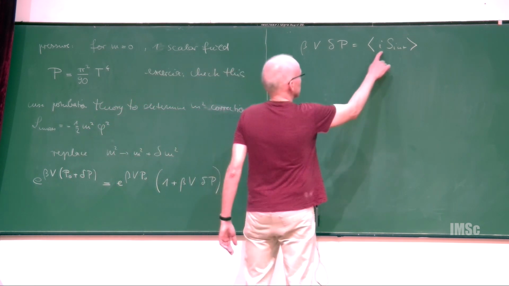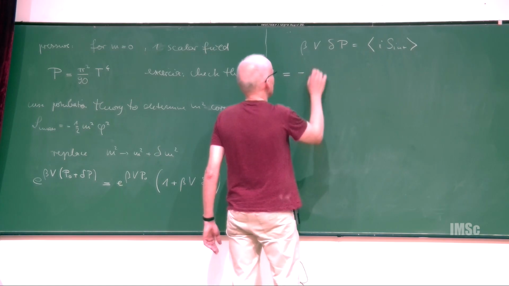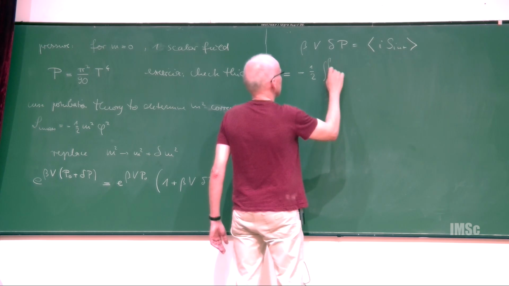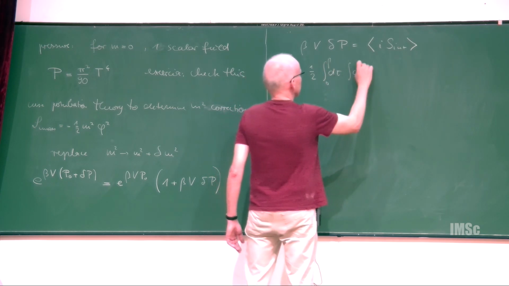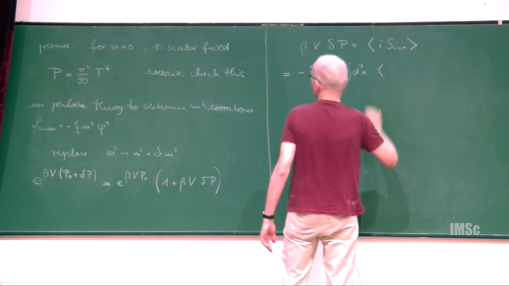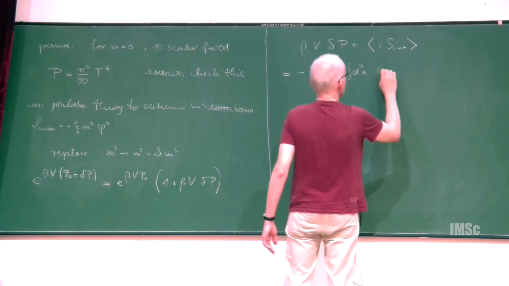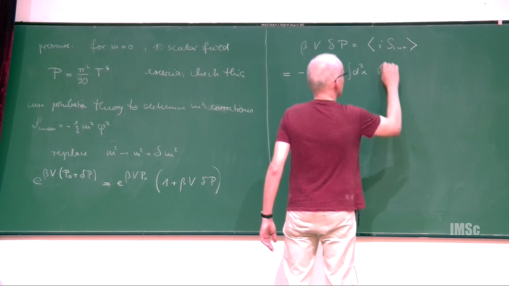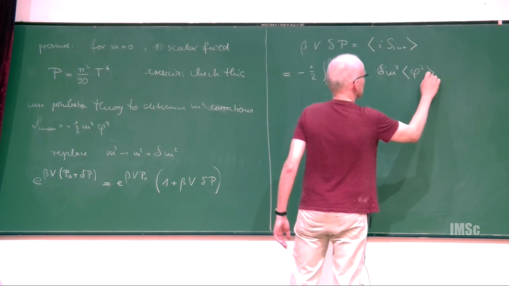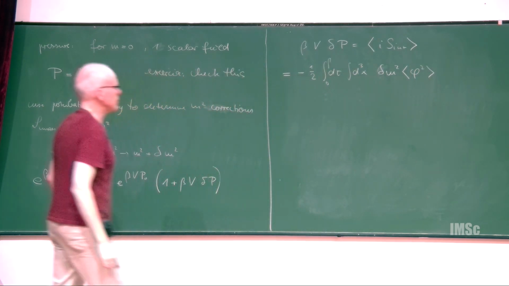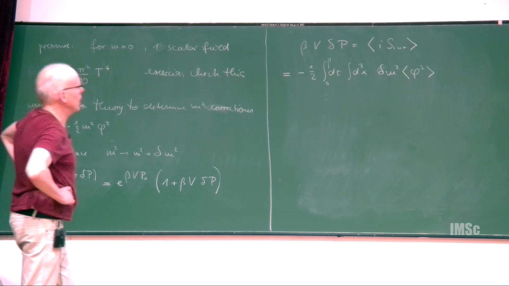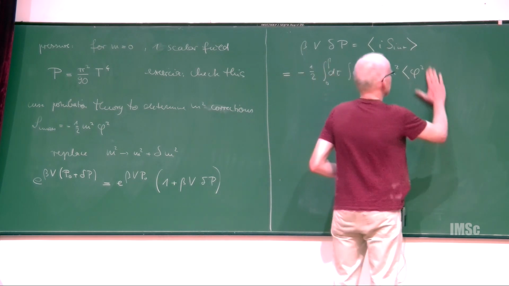The I S int is minus 1/2. Then we have the integral from 0 to beta d tau, integral d3x. And in S interaction we have the delta m squared times the phi squared, phi squared of x, of minus I tau on x, I should write.